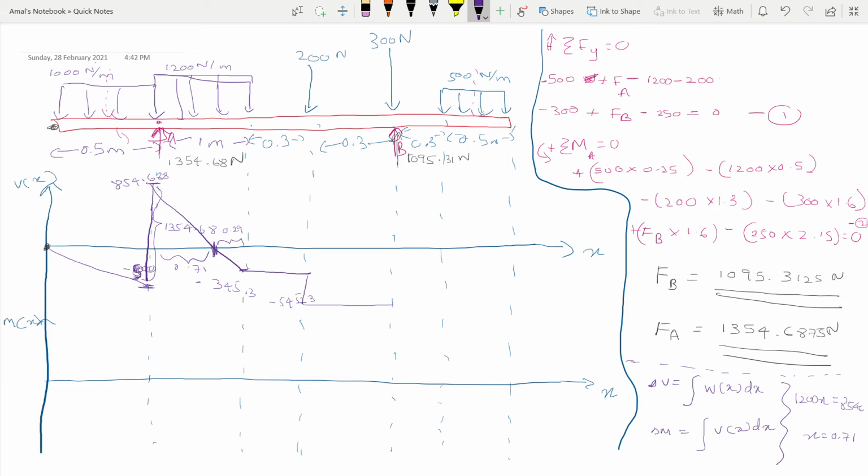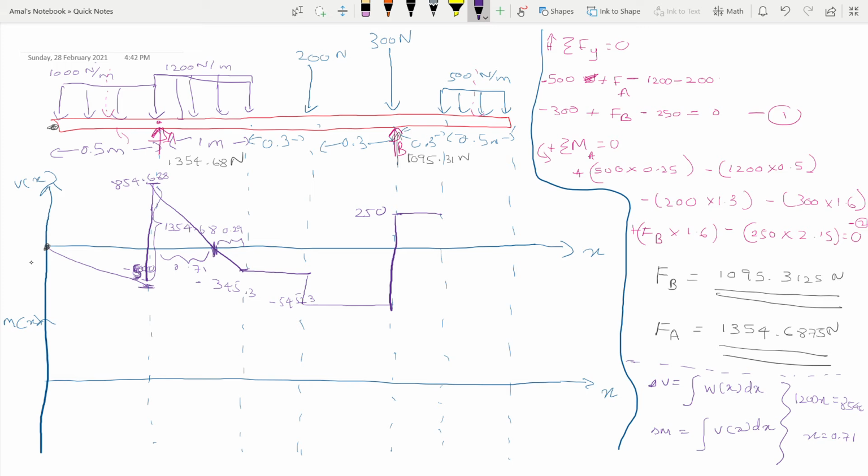So from negative 545.3 we're going to go up to 250 here, and then there are no loads on this part.